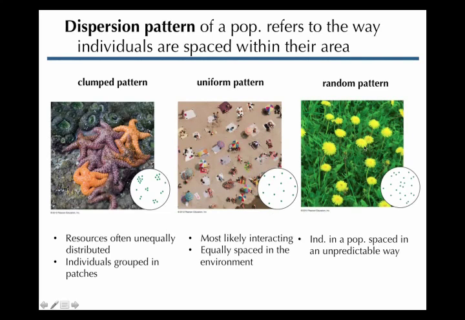And then random patterns, like these flowers. There's really no clumping or equal spacing or anything like that. That would be due to distributed nutrients and usually a random way of the organisms getting to where they are, like seed dispersion. It's not going to be completely equal when the wind blows the seeds or something like that.